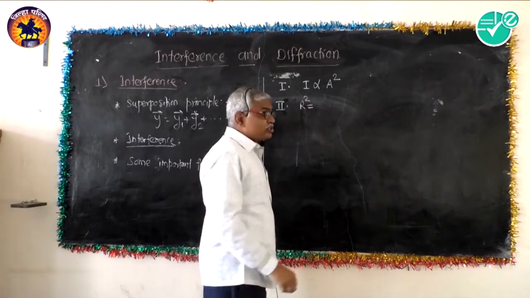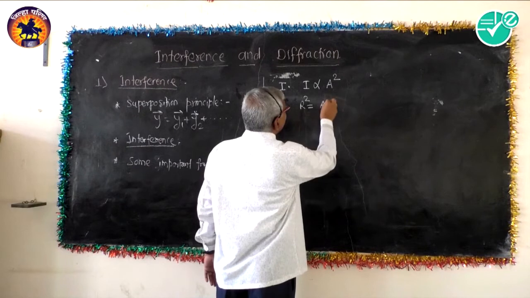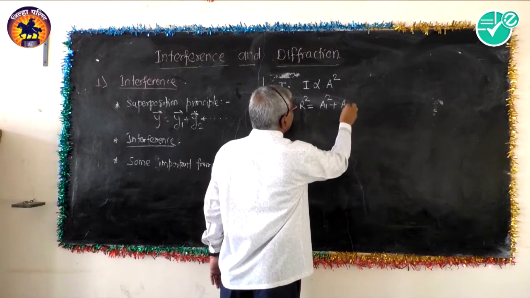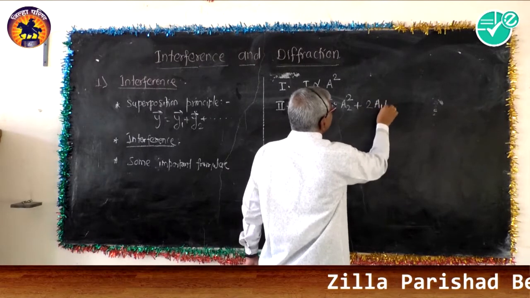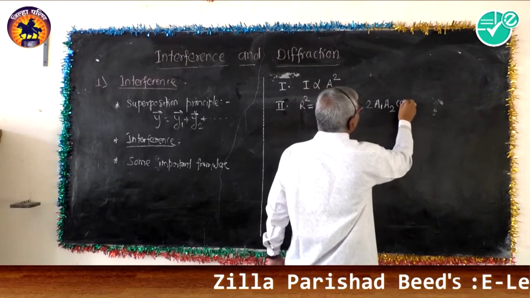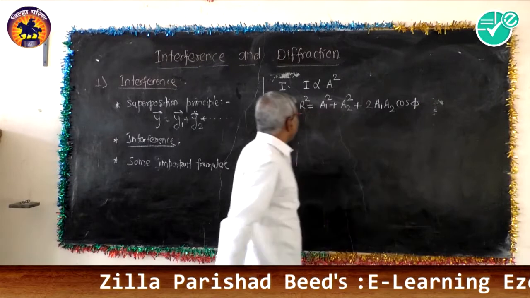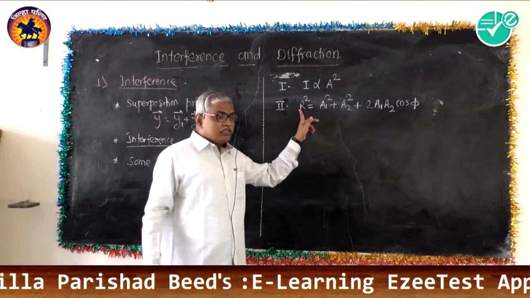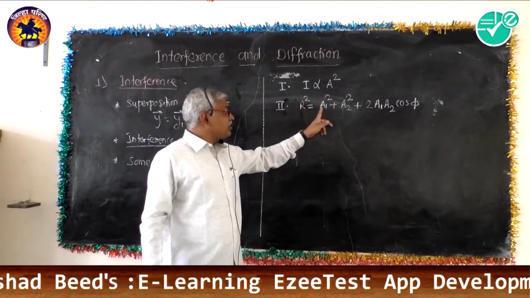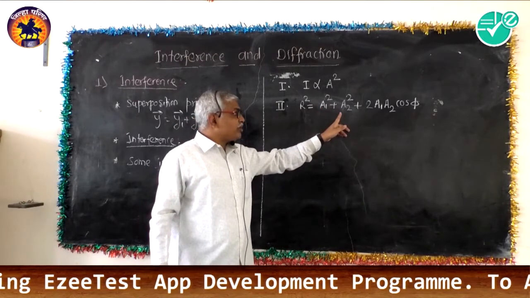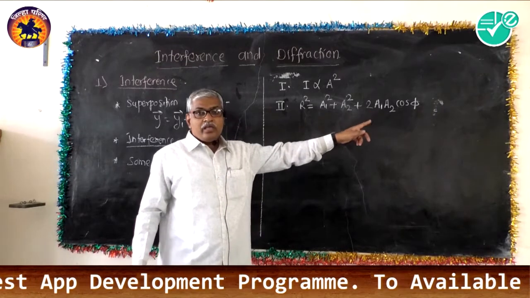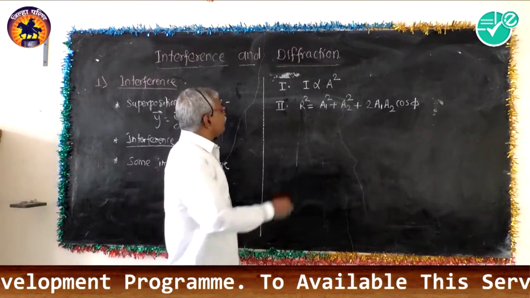Resultant amplitude square is equal to A1 square plus A2 square plus twice A1 A2 into cos phi, where R is the resultant amplitude of the waves, A1 is the amplitude of first wave, A2 is the amplitude of second wave, and phi is the phase difference between those two waves.